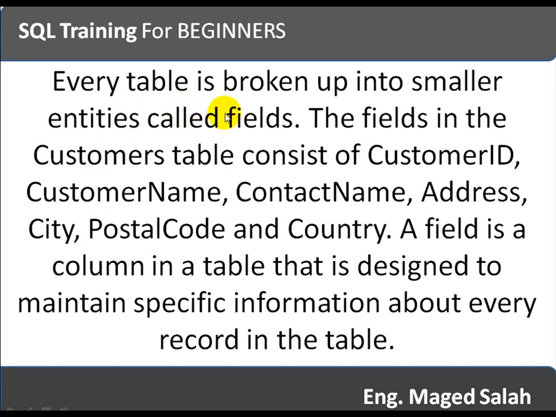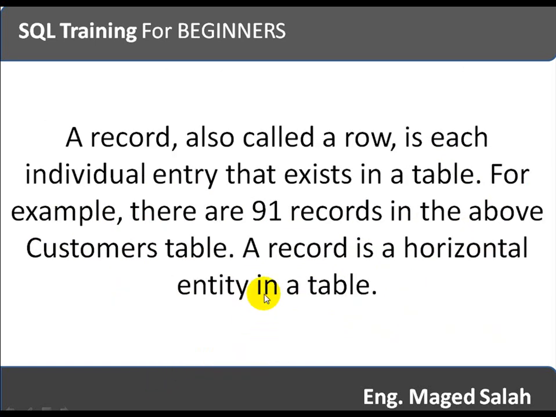Every table is broken up into smaller entities called fields. If we look at customer ID and customer name, these are field names. The fields in the customers table consist of customer ID, as we reviewed, customer name, contact name, address, city, postal code, and country. A field is a column in a table that is designed to maintain specific information about every record in the table.